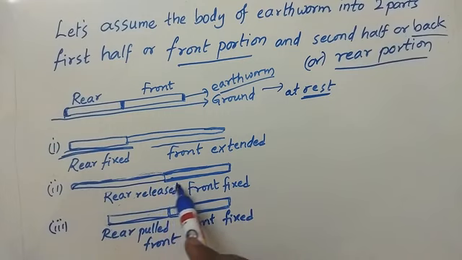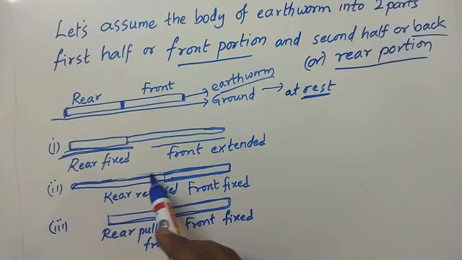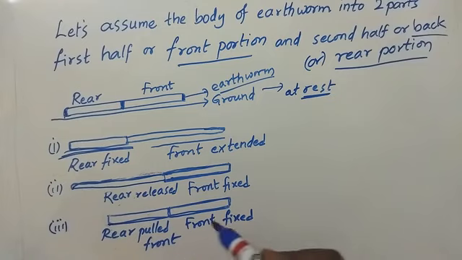Now, as the front part is fixed to the ground, the rear part appears lengthier. Keeping the front part fixed, the rear extended part is pulled to the front. These three steps make the earthworm move forward.